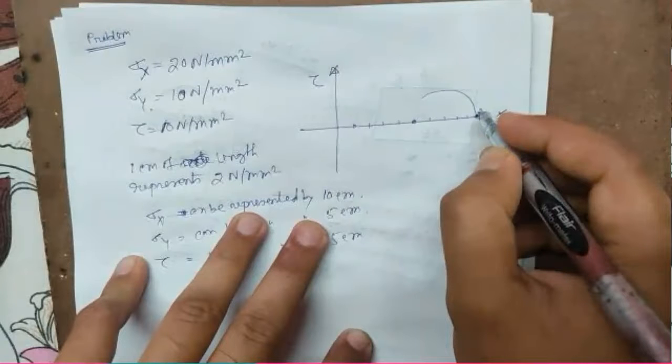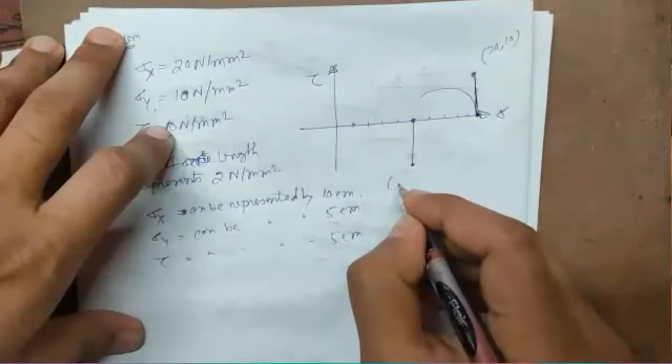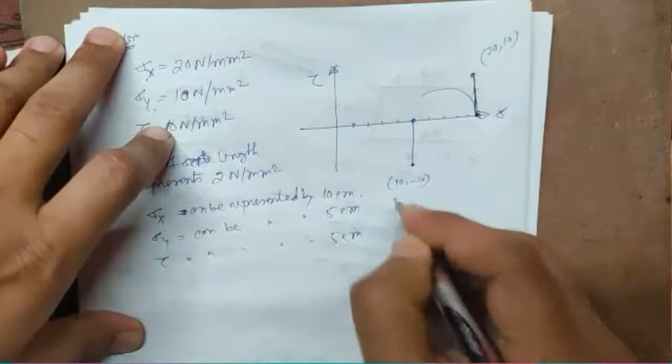You take 5 centimeter, and here from here you can take 5 centimeter. Okay, so these are the two planes having 20 comma plus 10, 10 comma minus 10. This will be 20 comma 10, this will be 10 comma minus 10.